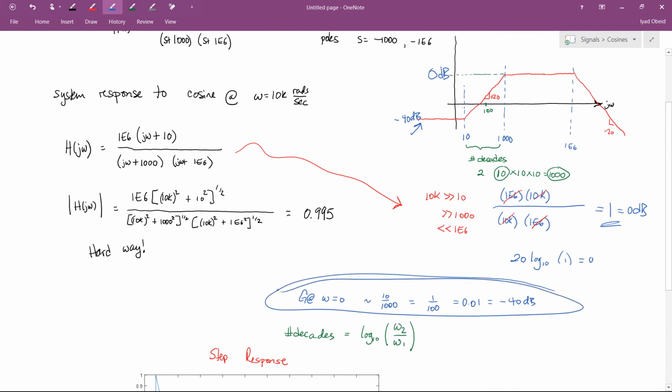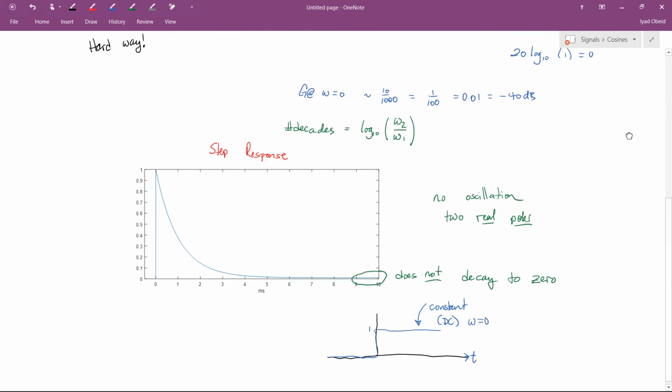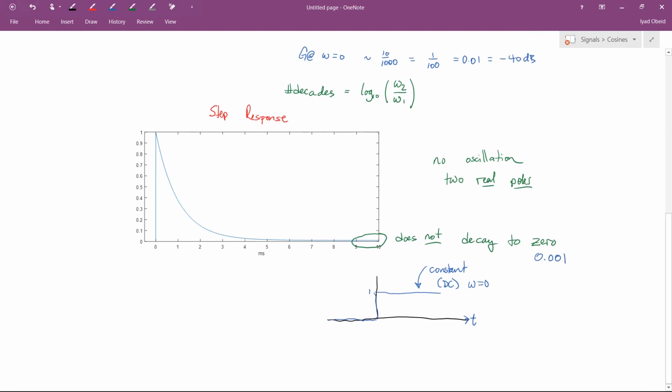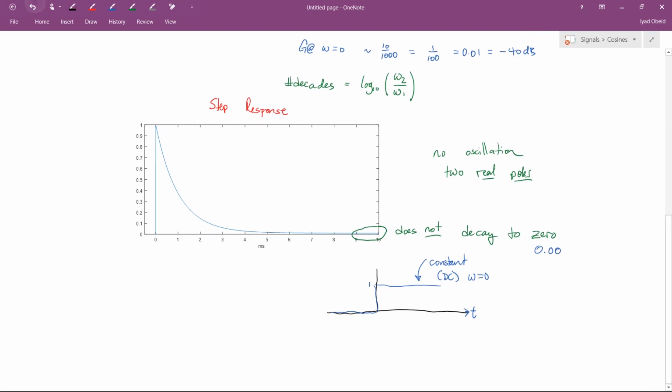At a frequency of 0, I have a gain of 0.001. And sure enough, this value here, I checked it in MATLAB, doesn't decay to 0. It actually decays to 0.001. Or sorry, 0.01. The reason for that is because this system has some gain at low frequencies, and that's what you're seeing. It doesn't have a gain of 0 at low frequencies, and that's why you're seeing the step response retain some of its value at the output, which I thought was pretty cool.